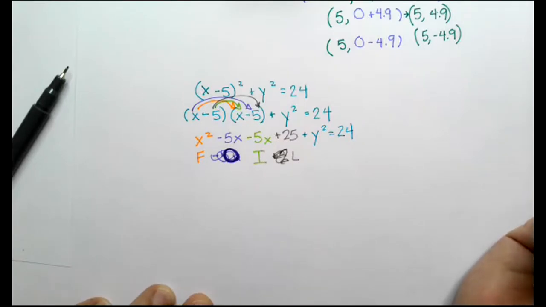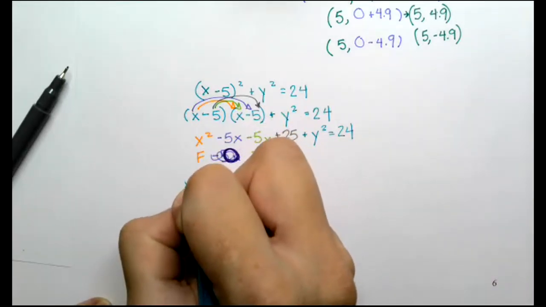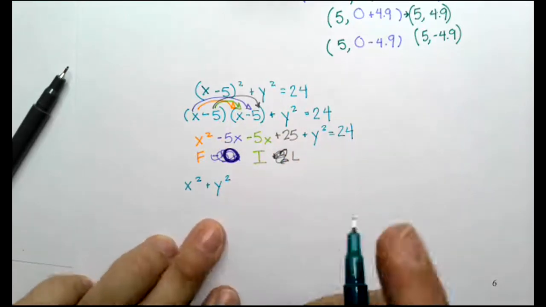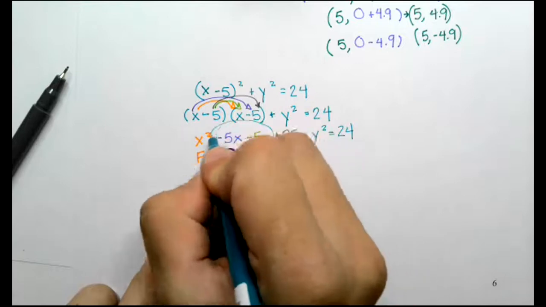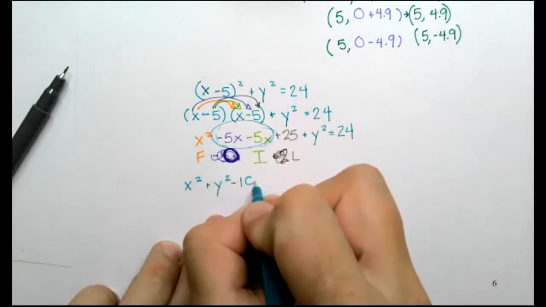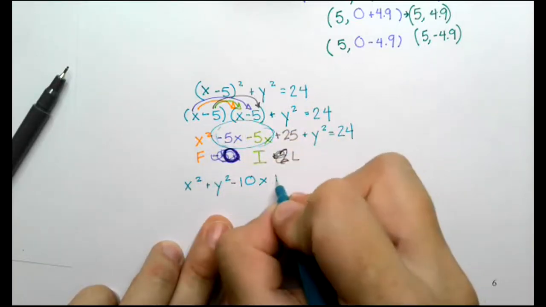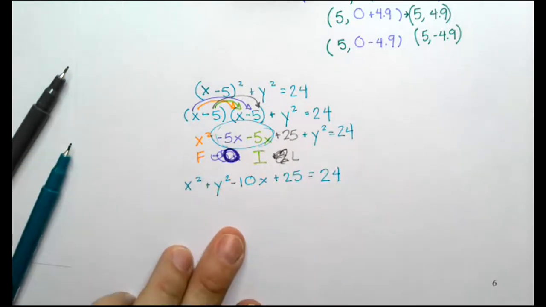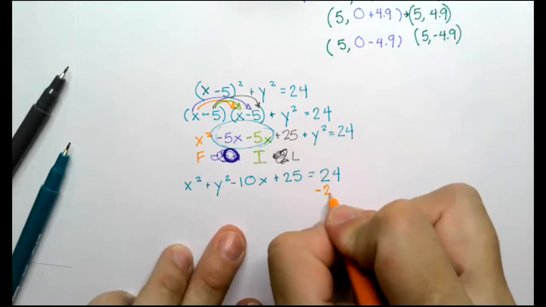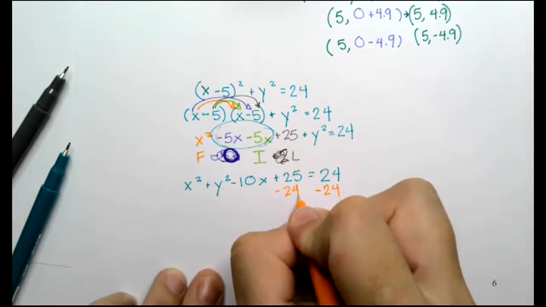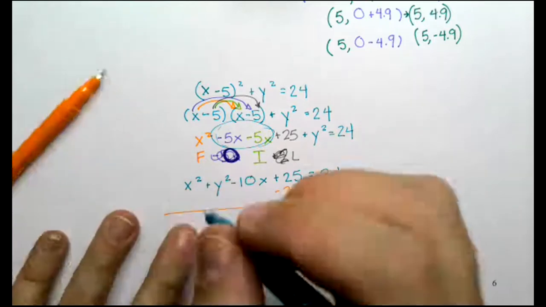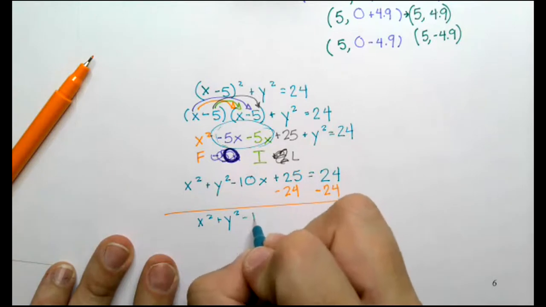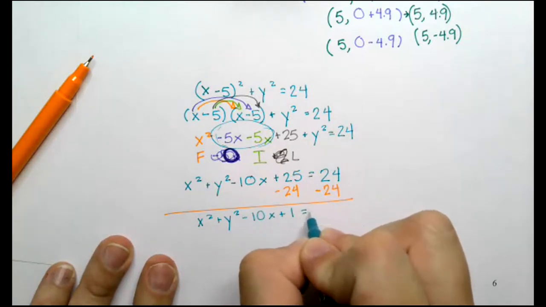All right. So now I can say x squared plus y squared, because I know these two go first, minus 10x plus 25 equals 24. And now I want to set equal to 0, so I have to subtract 24. x squared plus y squared minus 10x plus 1 equals 0.